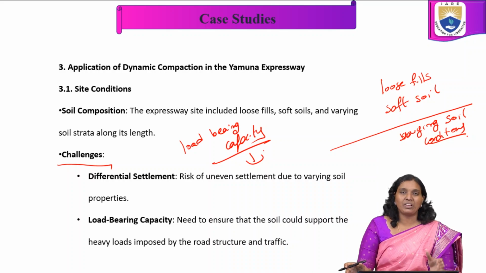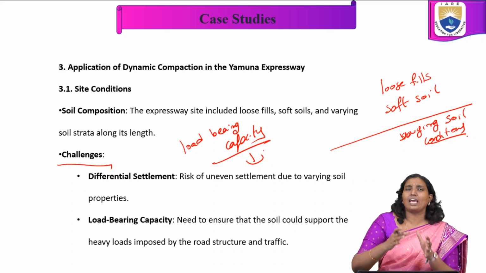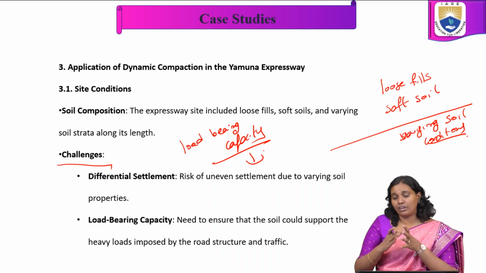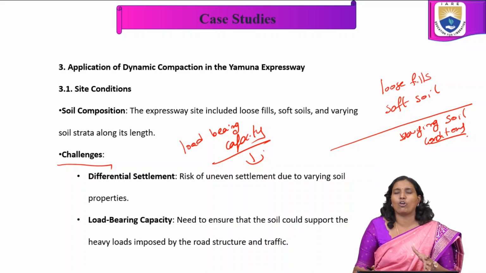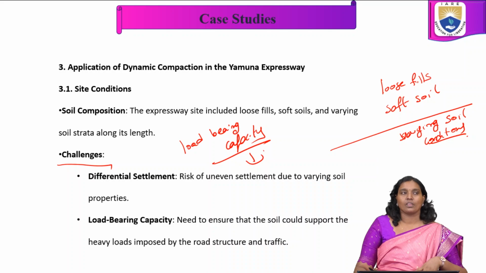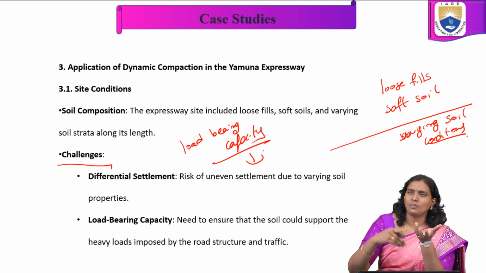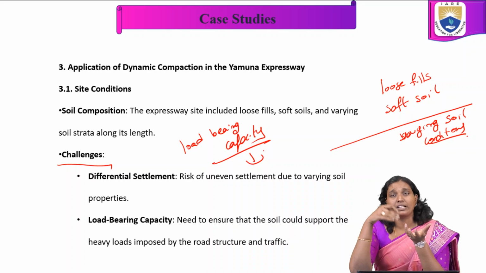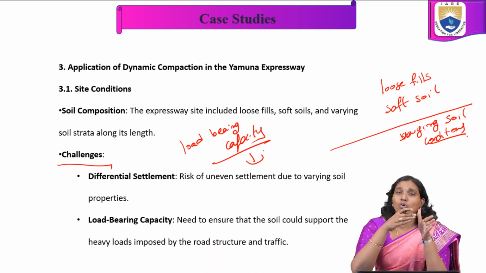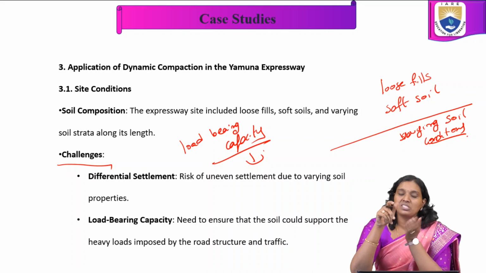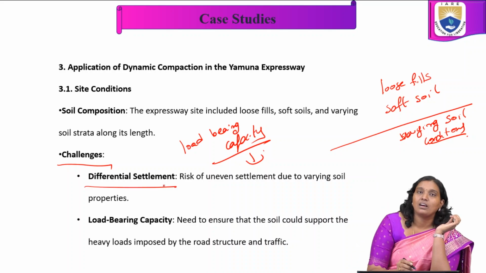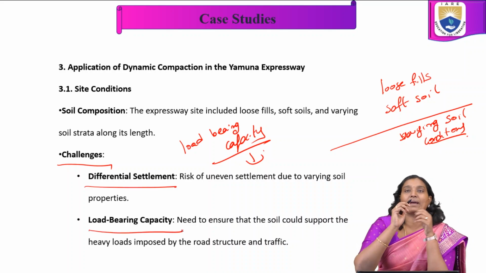So it means that using dynamic compaction from the starting point to the end point may not give the same result. We may consider, for example, 10 tons from 10 meters height from 0 to 165 kilometers of this expressway, which gives differential settlement and varying load bearing capacity.